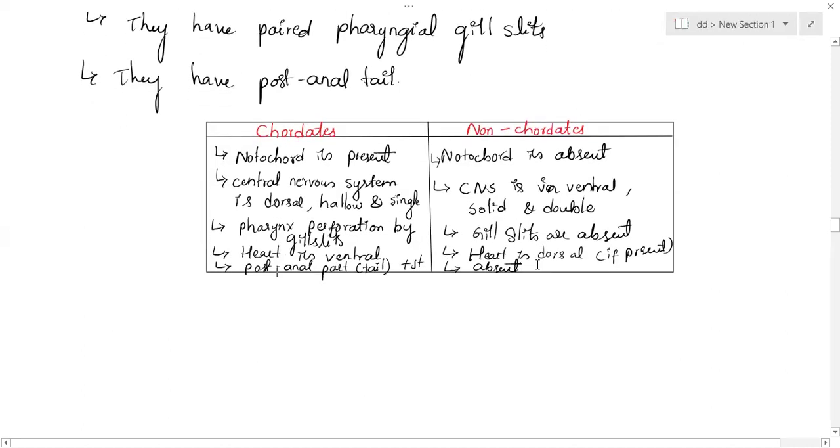Why am I writing this? Because you should have some clarity between the non-chordates and the chordates. Previously we discussed all the non-chordate phyla and organisms. But from now onwards, we'll discuss all the organisms, phyla and subphyla that belong to the chordata family.